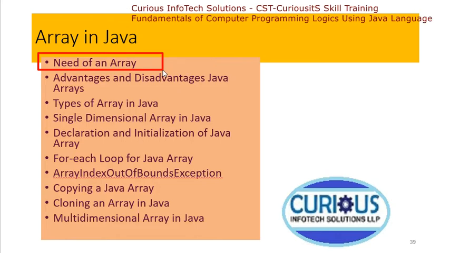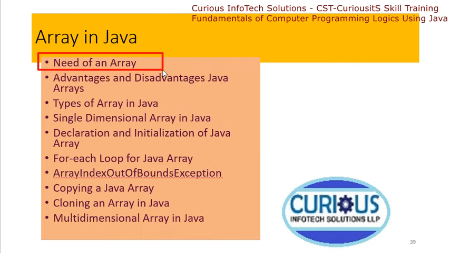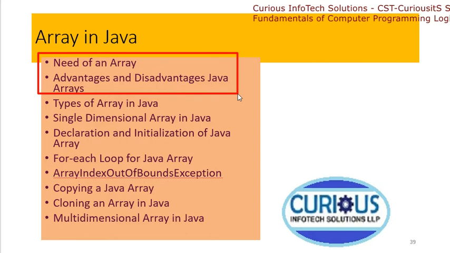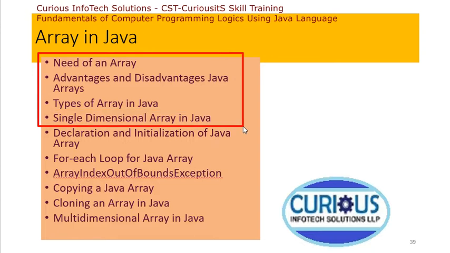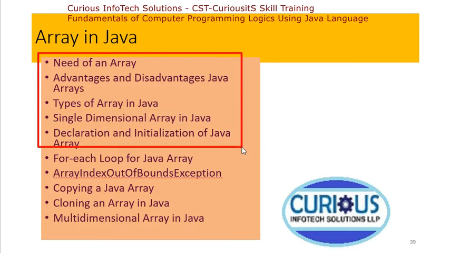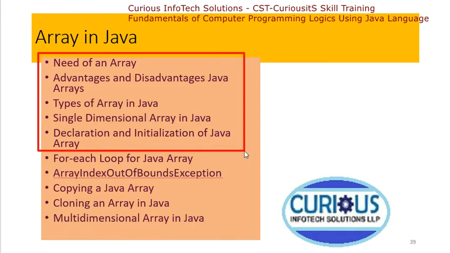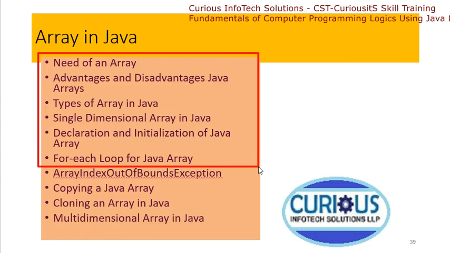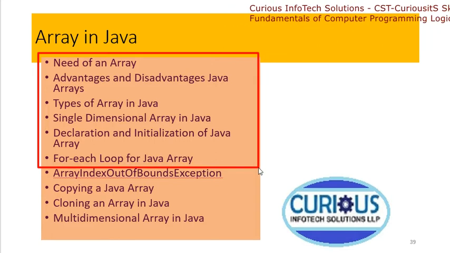We have to understand the need of an array, then the advantages and disadvantages of Java arrays, then types of arrays in Java, then single dimension and how we can declare and initialize a Java array, then how we can use the very important loop control, the for-each loop, for the Java array.